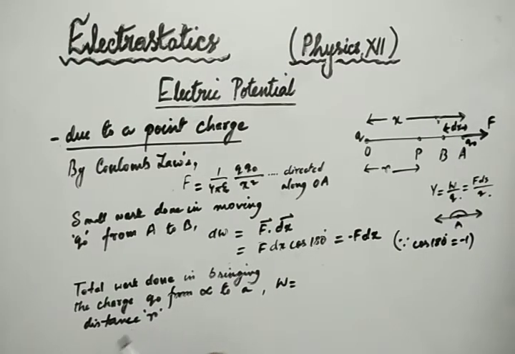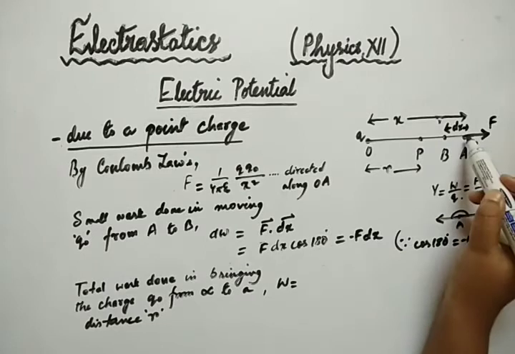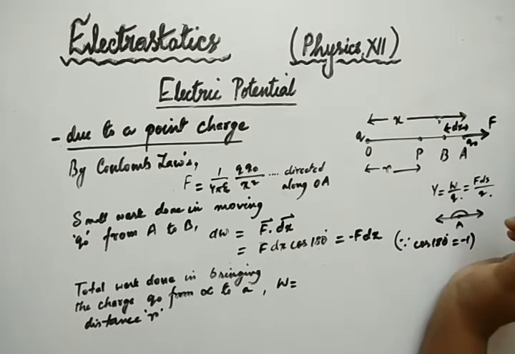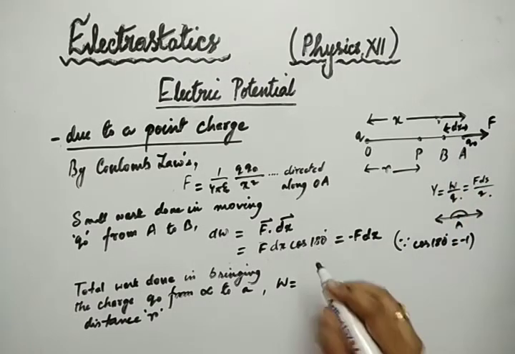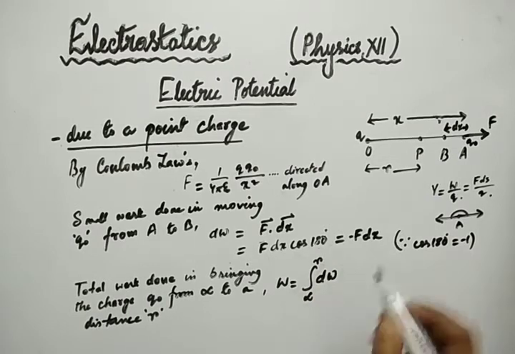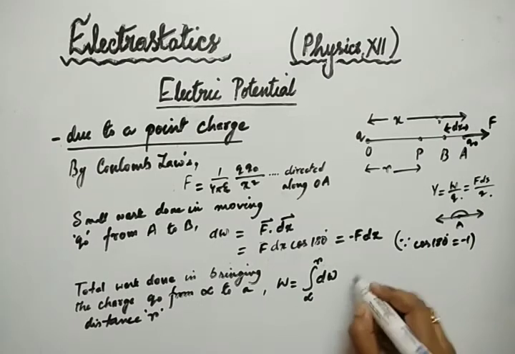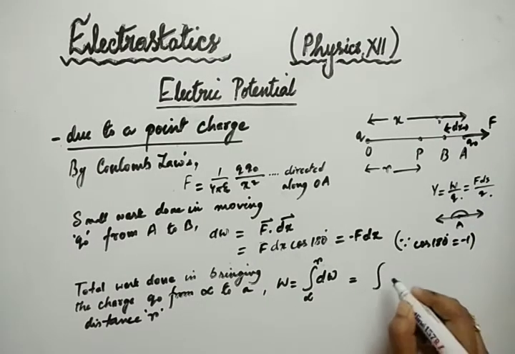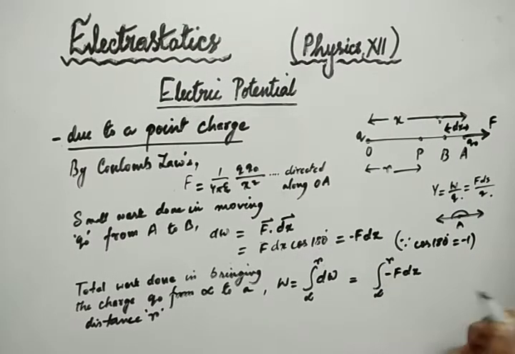Because the definition of potential says that potential is the amount of work done in bringing a charge from infinity to a particular point. So we will consider A to be at infinity, so the integration will be from infinity to r. We have to bring the charge till point P, which is at a distance r from Q. So it will be minus F dx from infinity to r.